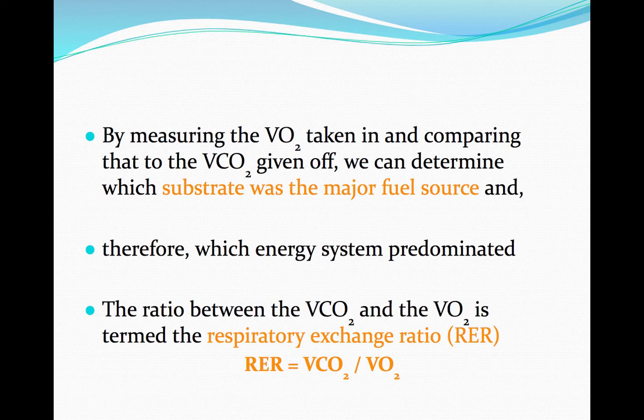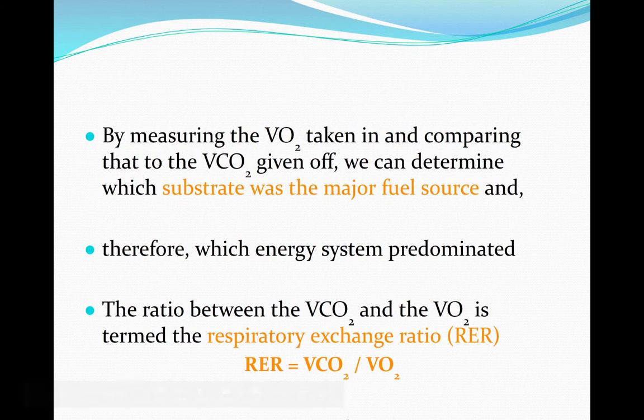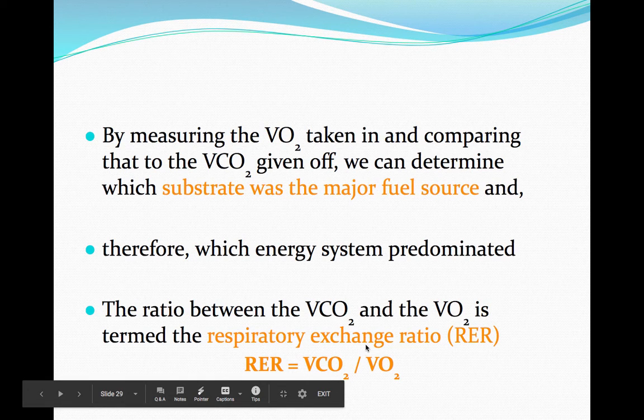It's going to give you a ratio somewhere between 0.7 and over 1. You don't have to memorize this completely, but here are the 3 numbers you should know. If you have an RER of 0.7, going back to this equation, a smaller ratio means the number on the bottom of the equation is larger.